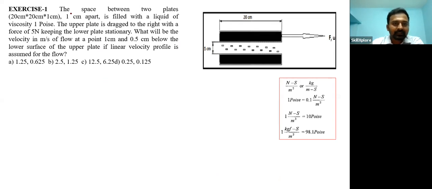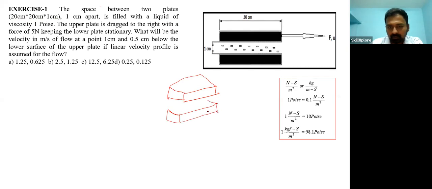Okay, so the problem is: the space between two plates is 20 centimeter by 20 centimeter by 1 centimeter. Okay, these are two plates.